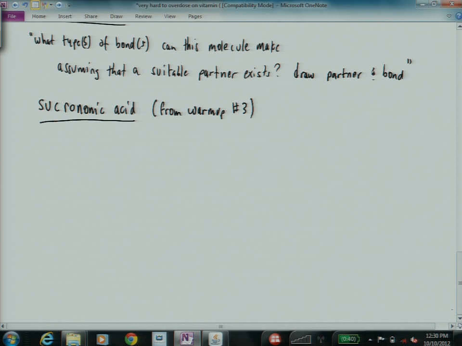Let's see, this is O to N. I'm sorry. Draw that carefully. There's an H over here to a carbon, double bonded to a nitrogen, hydrogen.